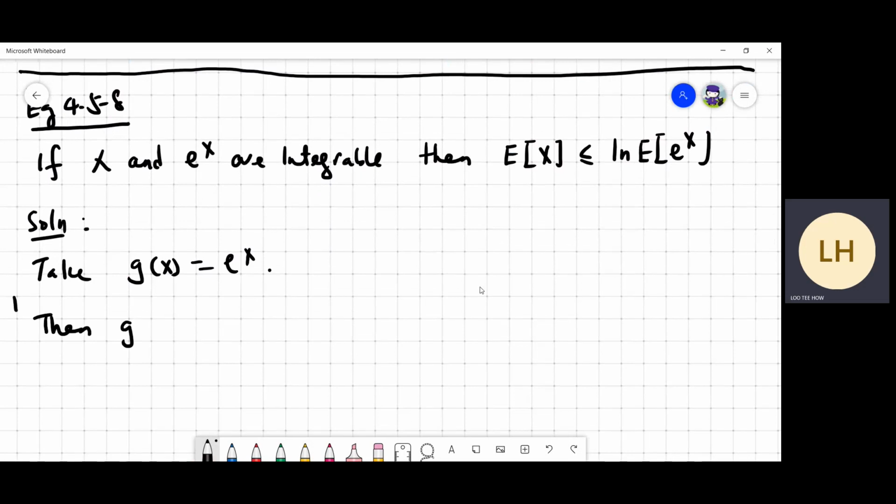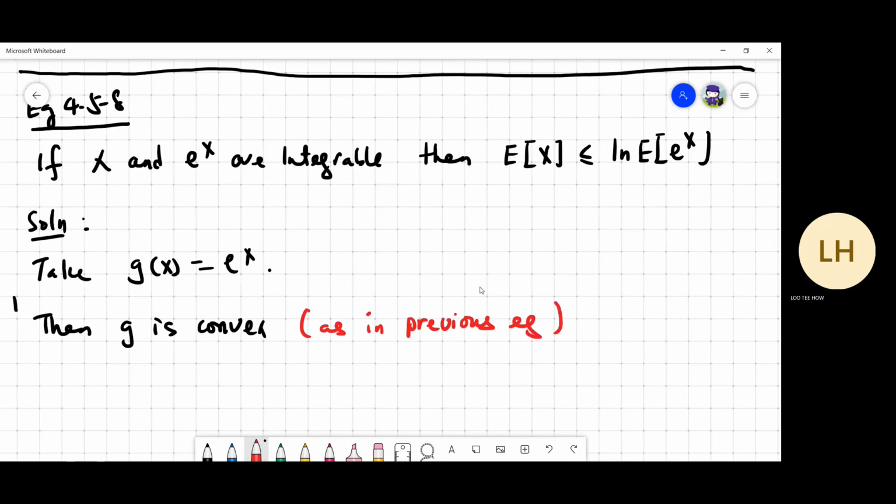Then g is convex, right? As in the previous examples, we have already discussed that when g(x) is e^x, g is a convex function. When g is convex, and X and g(X) are integrable, then we can apply the Jensen inequality.